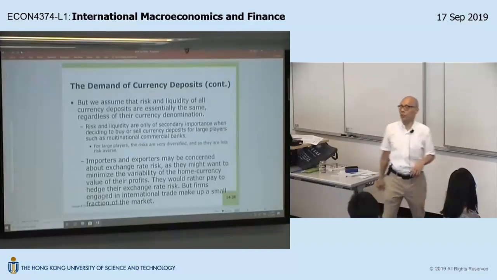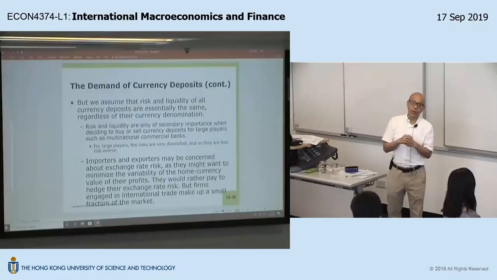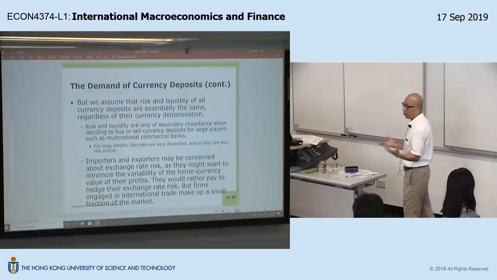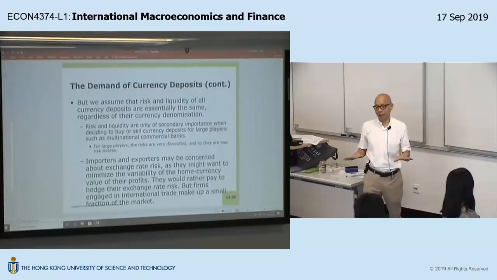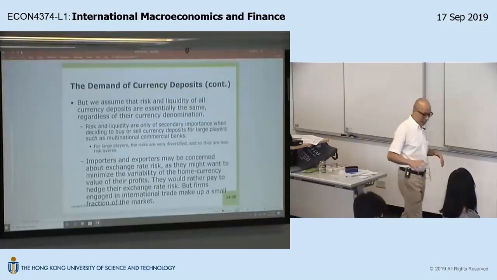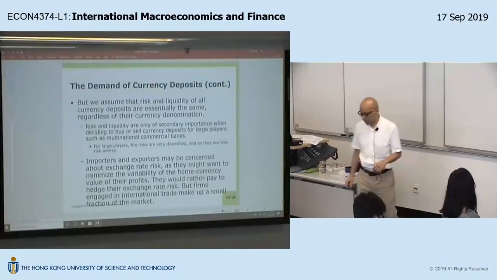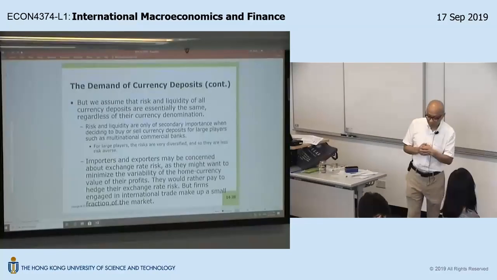I engage in international trade, but I worry about exchange rate risk. So I go to the foreign exchange market and buy a forward contract, okay, so that I can hedge my risk. I want to make sure that I would get back a certain amount of my own currency.